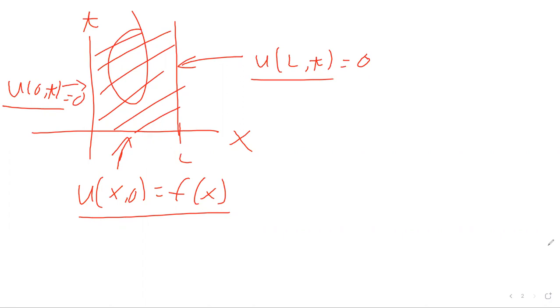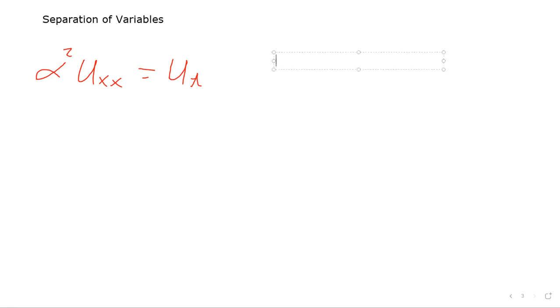So with our equation, we can use separation of variables. Now, in order to do so, our initial equation is that. Now we want to assume that our u of x and t is equal to some function only of x's times some function of only t's.